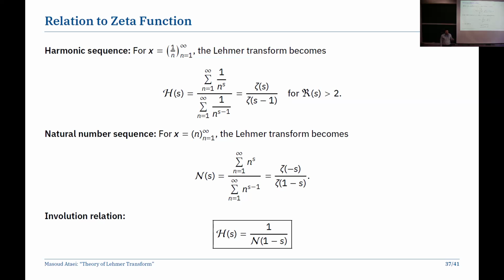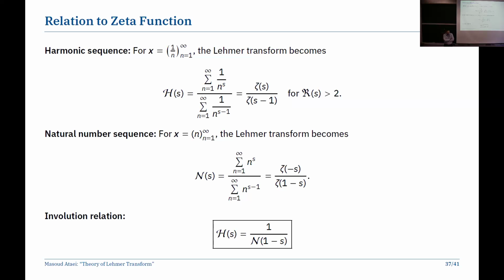On the other hand, if I consider my sequence of observations to be the natural numbers, then the numerator of the Lehmer transform is going to be the zeta at negative s divided by zeta at 1 minus s. If we consider a change of variables, 1 minus s for s in the second form, the numerator becomes zeta of s minus 1 and denominator becomes zeta of s.